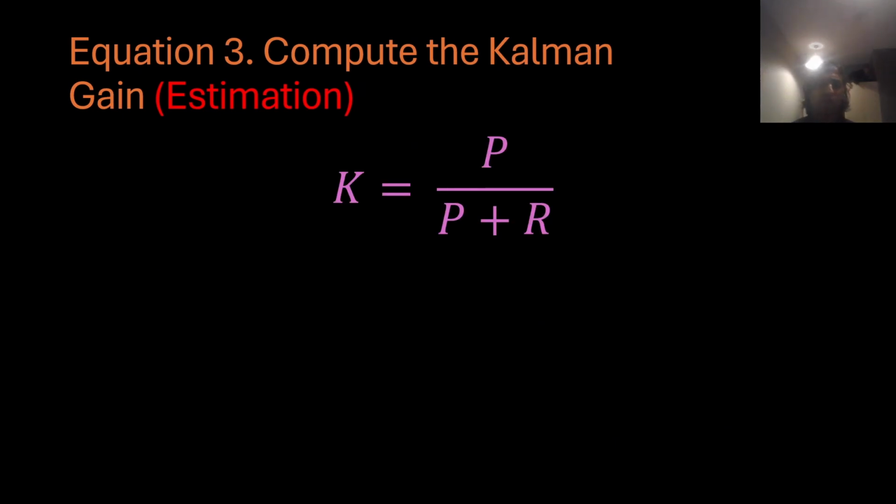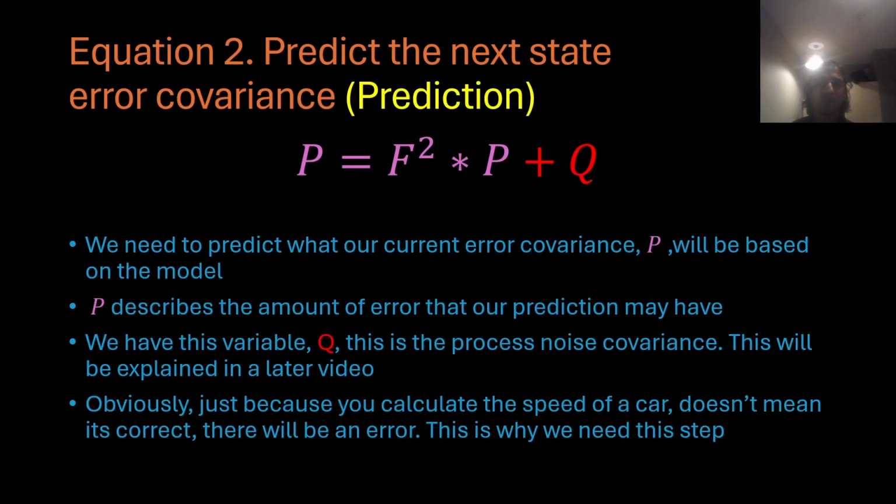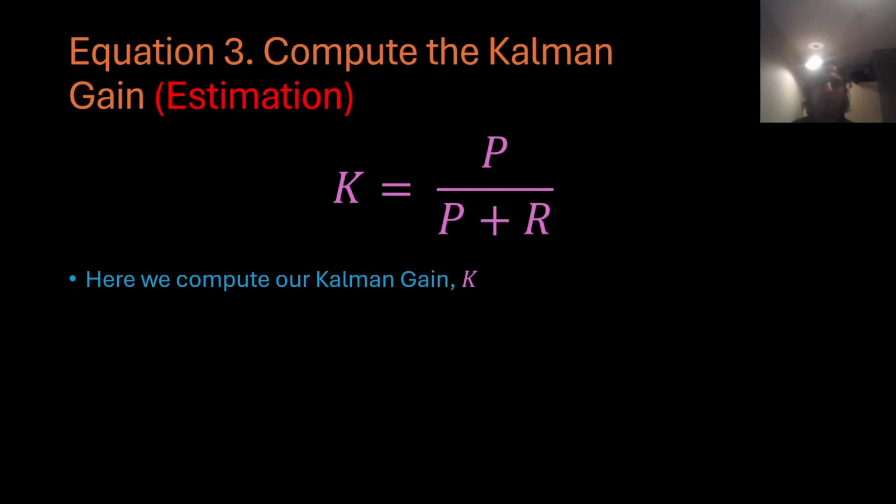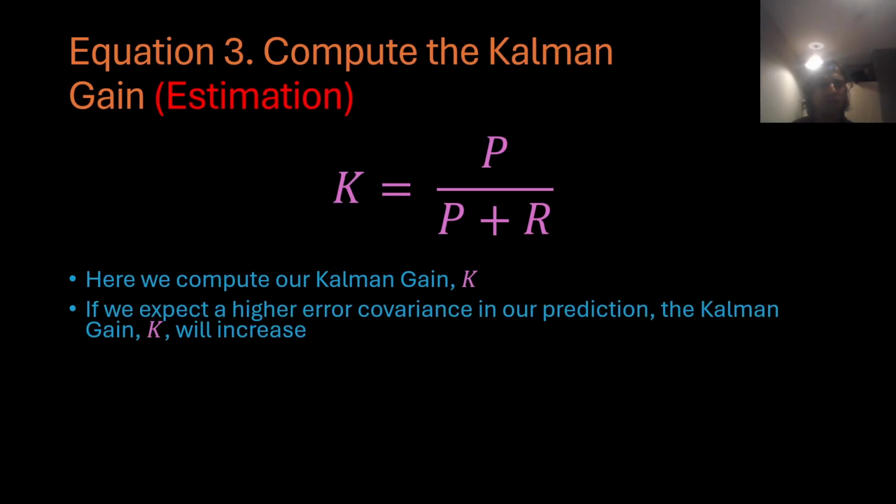Now the equation looks like this. K, which is the Kalman gain, equals P divided by P plus R. P is again the same variable from before, and R is the measurement covariance matrix, or measurement covariance. So here we compute our Kalman gain K. If we expect a higher error covariance in our prediction, so if the value of P is high, that means we expect a lot of error in our prediction, then Kalman gain K will increase.